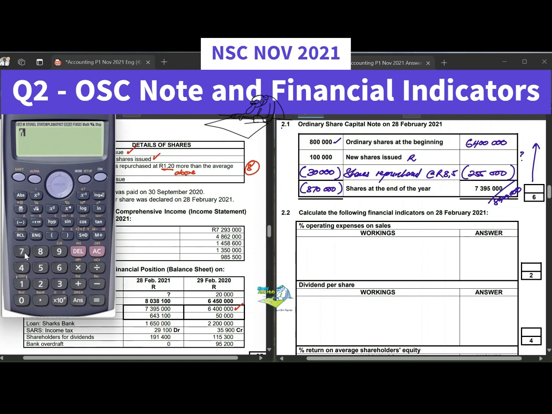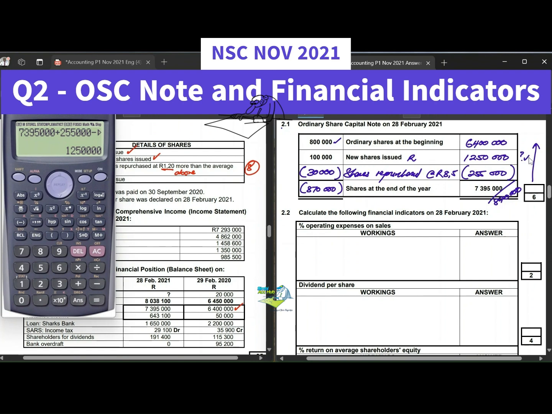So I'll take my 7,395,000 and then I add the 255,000. I add the 255,000 instead of subtracting it because I'm now doing the opposite. So I add the 255 and then I subtract the 6.4 million, and then it will give me 1,250,000. That is how I'll then get this amount.